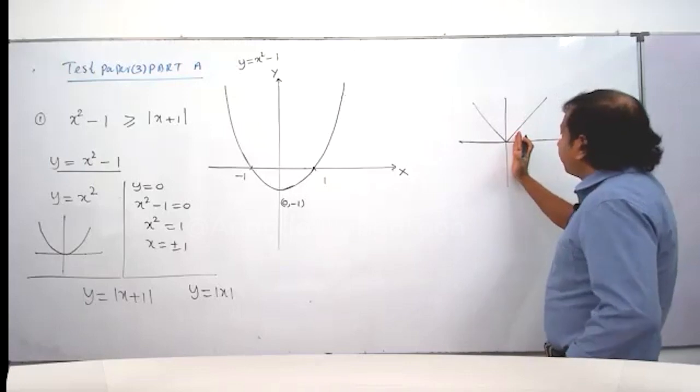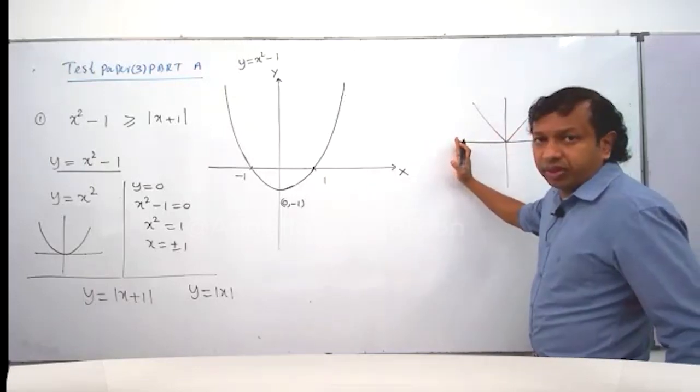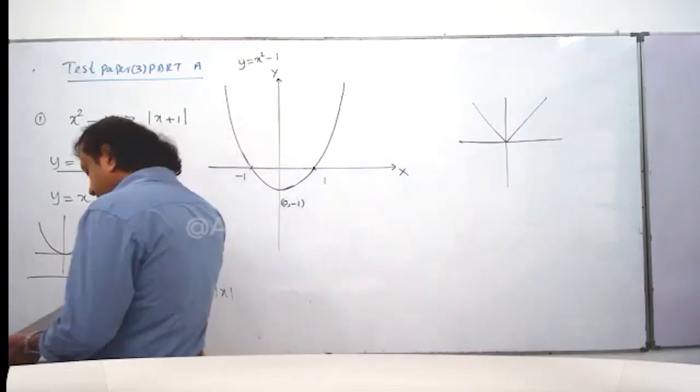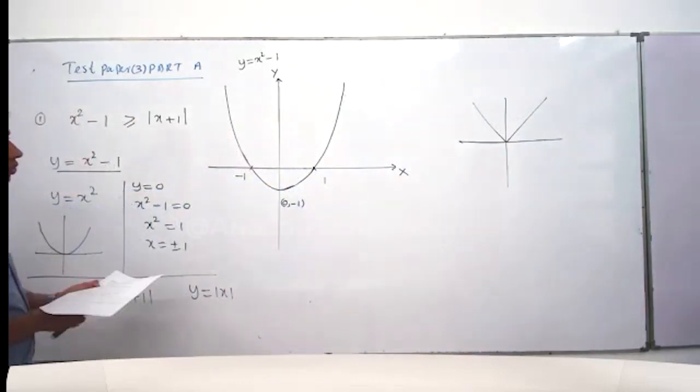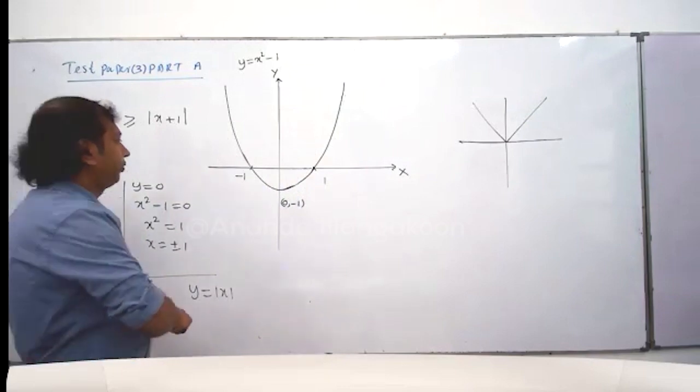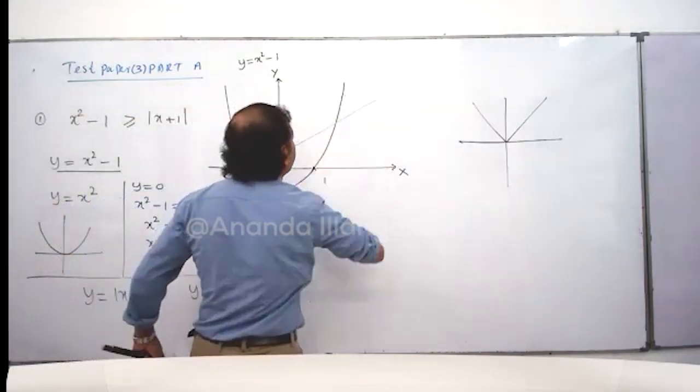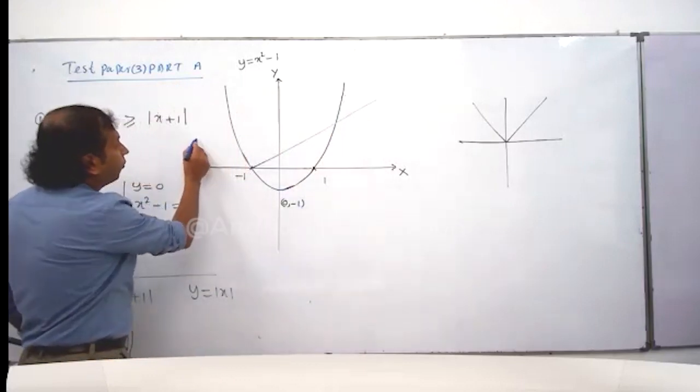That mod x graph we take leftward by 1 unit because here 1 is added. So therefore we can draw the graph this way.